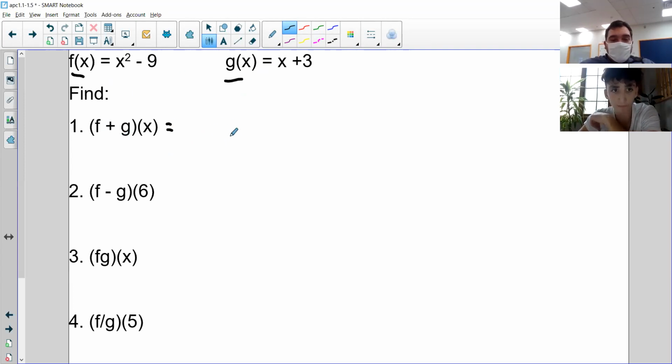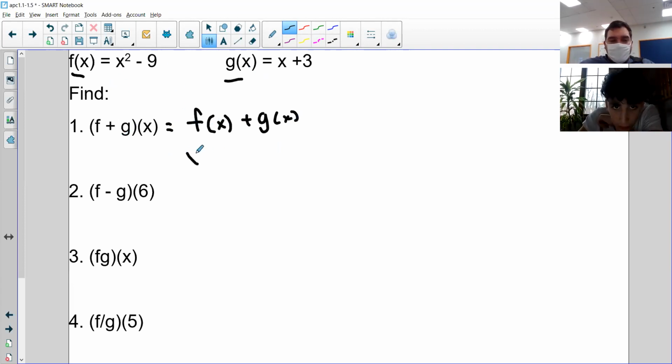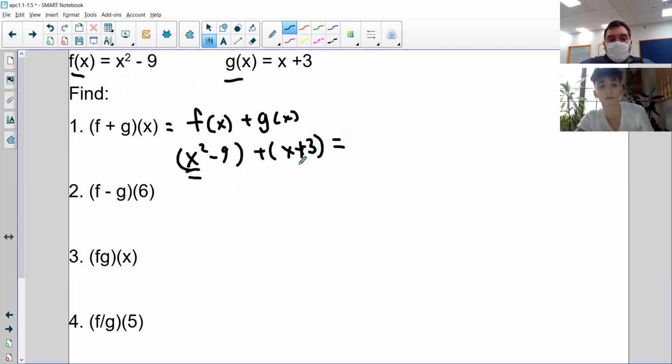All right. So f plus g of x is the same thing as saying f of x plus g of x. So I can replace f of x and g of x with the actual equations: x squared minus 9 plus x plus 3. In this scenario, we're going to combine some like terms. x squared doesn't have any like terms.